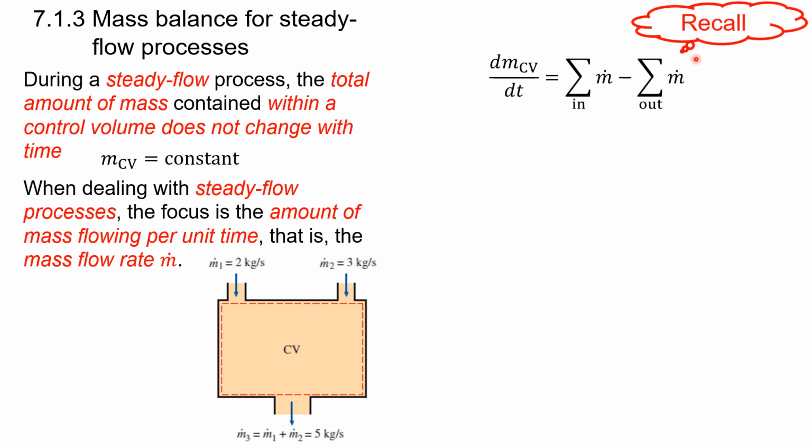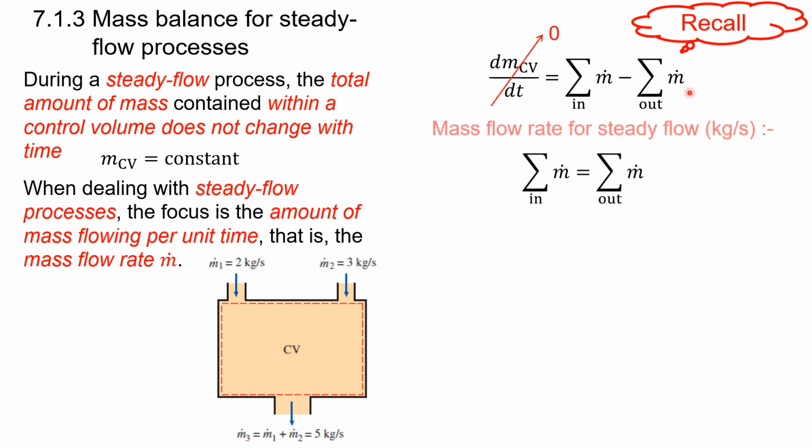From the formula we derived earlier, we can come up with a few other derivations. Since m_cv is constant, this part will become 0. At the end, if we rearrange, we get that the mass flow rate entering the system equals the mass flow rate exiting the system.